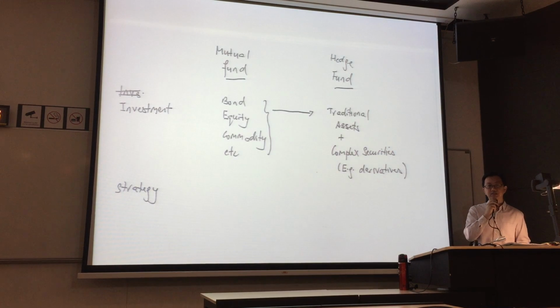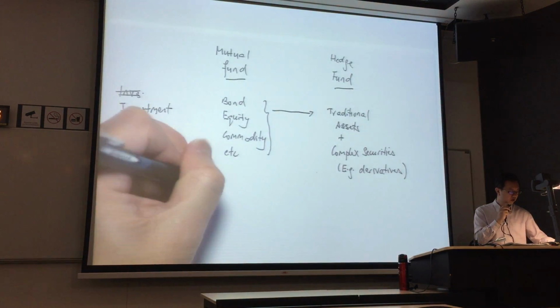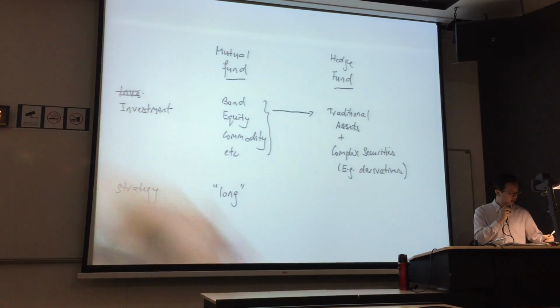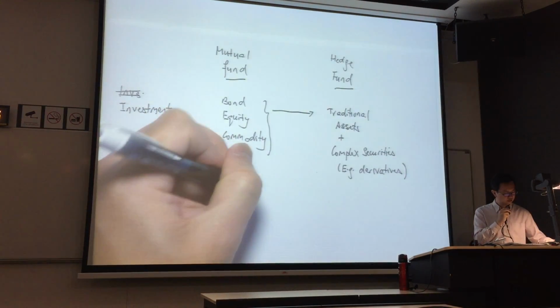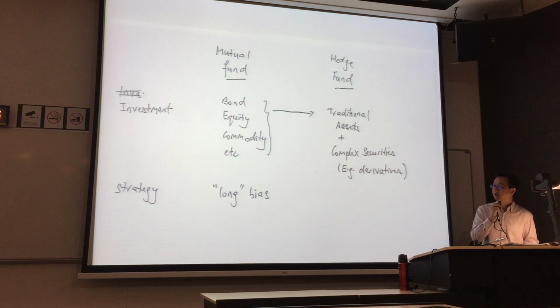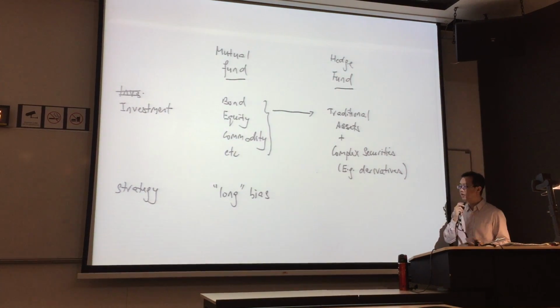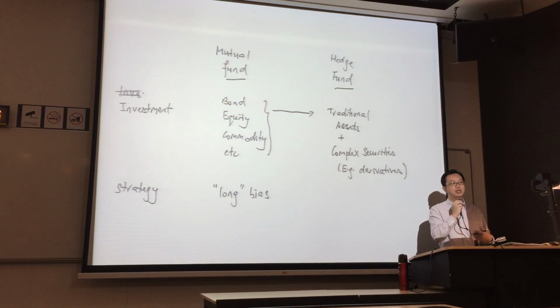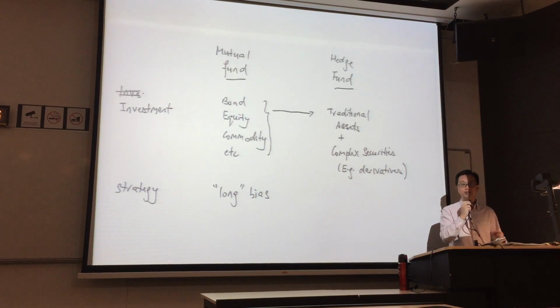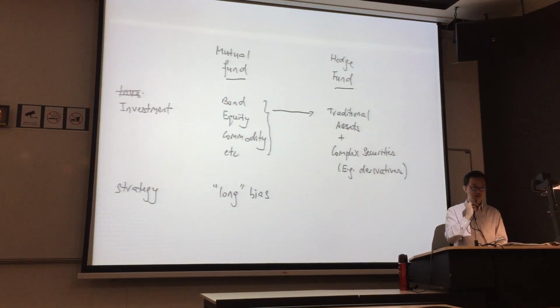What is the typical investment strategy of a mutual fund? We say that it is long bias, because mutual fund managers typically decide on what to invest in. So they decide on putting more of the fund's money into equity markets.